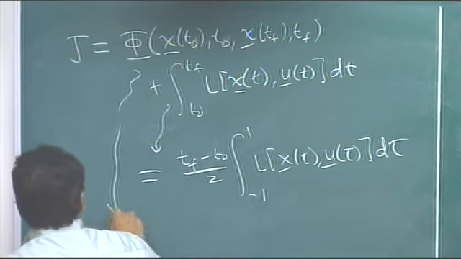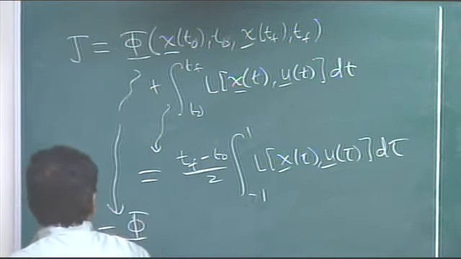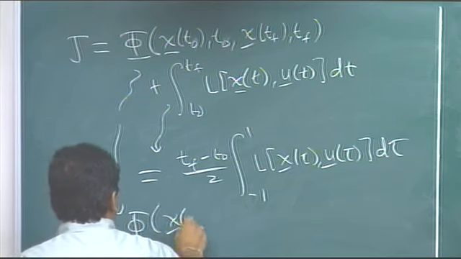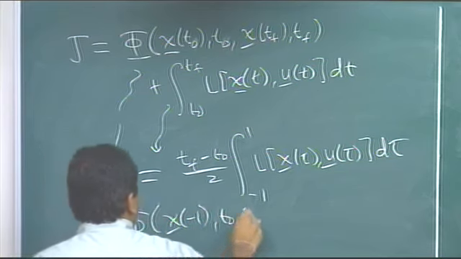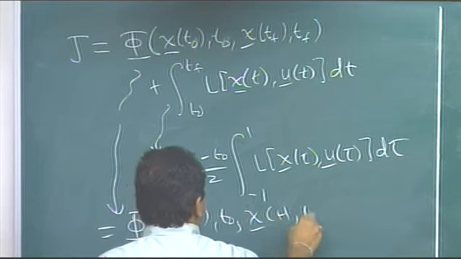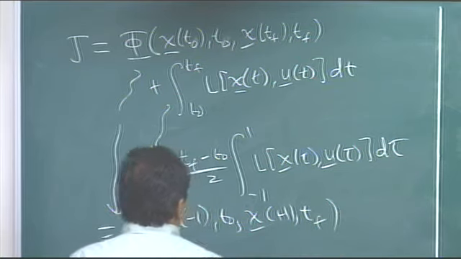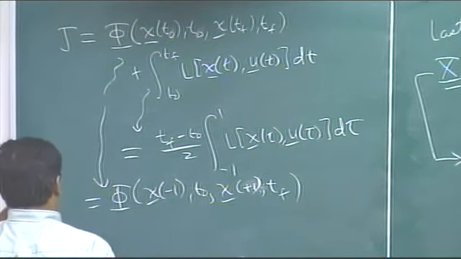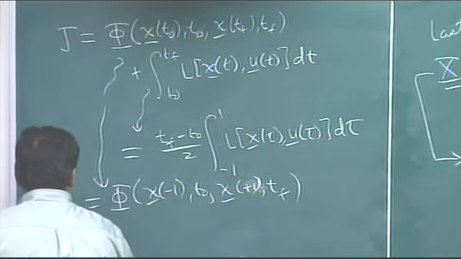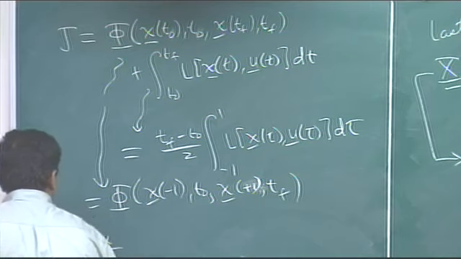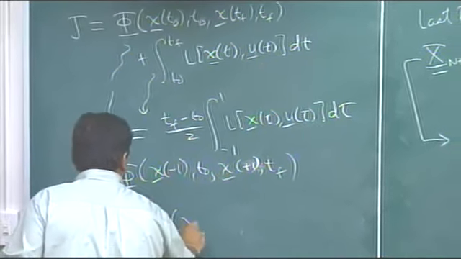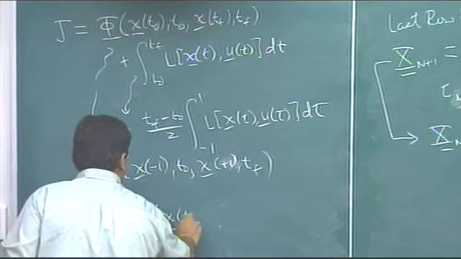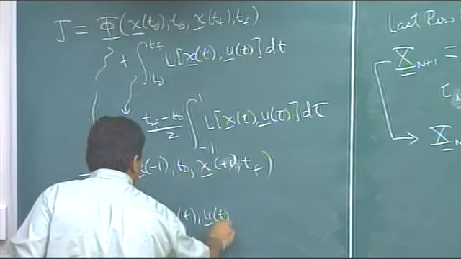And then the same thing for phi. What I can do with phi is I can replace it equivalently with x(-1), t0, x(+1), and tf. So nothing changes there. They're exactly the same as what they were before. It's just that now I'm mapping it to -1 to 1. The dynamics, I've got dx/dt equal to f(x(t), u(t)).